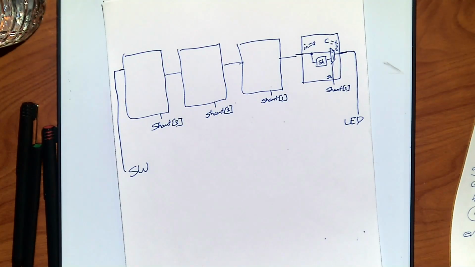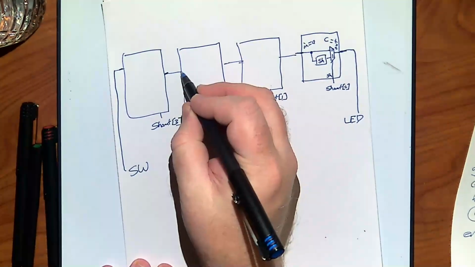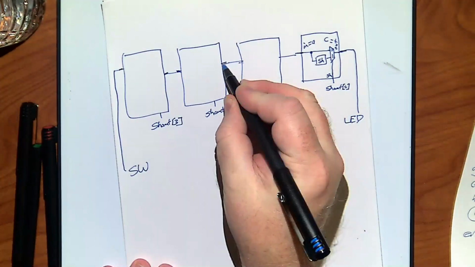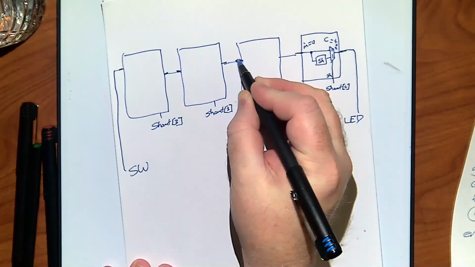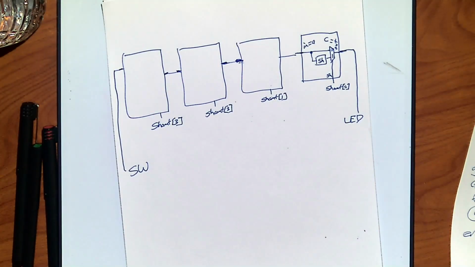Does that make sense? Whatever convention I pick, I want the output of the previous stage to be equal to the input to the next stage. So whatever this name is has to be identically the same as this one. Does that make sense as a convention?